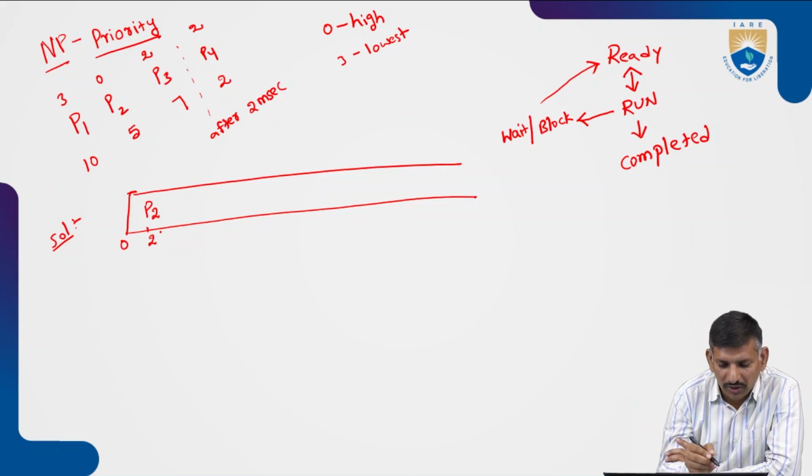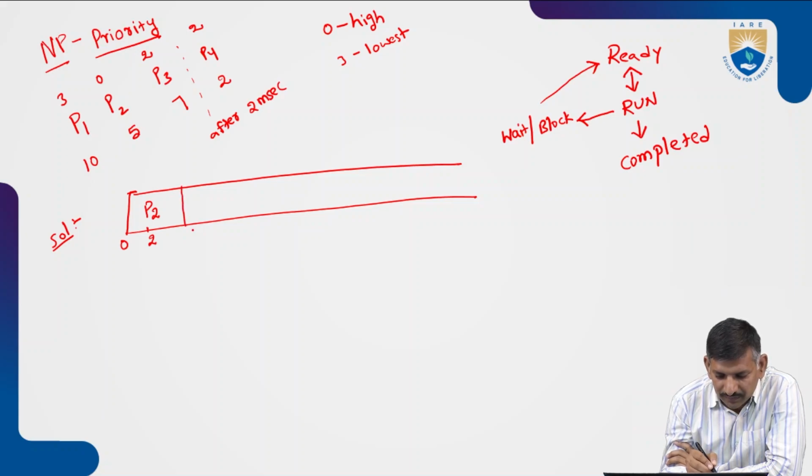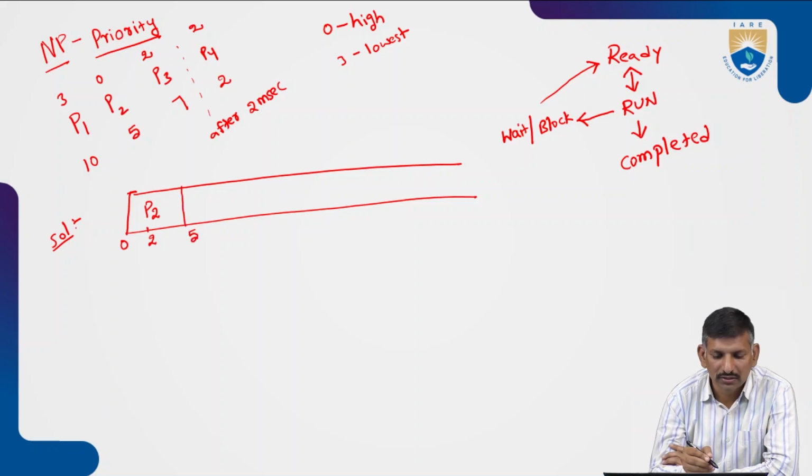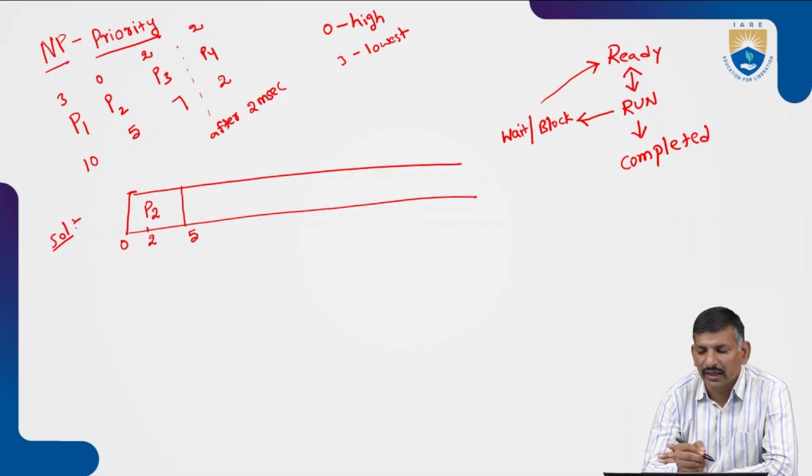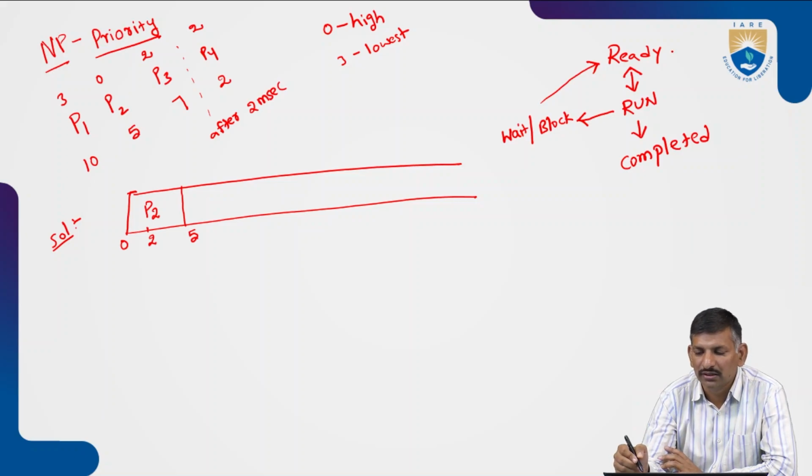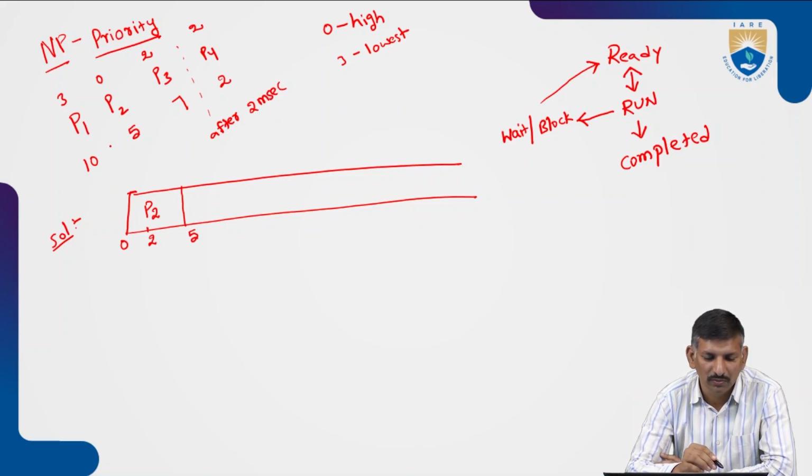Next, P2 execution time is 5 milliseconds. After 5 milliseconds, again the scheduler checks the ready state. What are the processes available in the ready state? At that time, P1 is available, P3 is available, and P4.